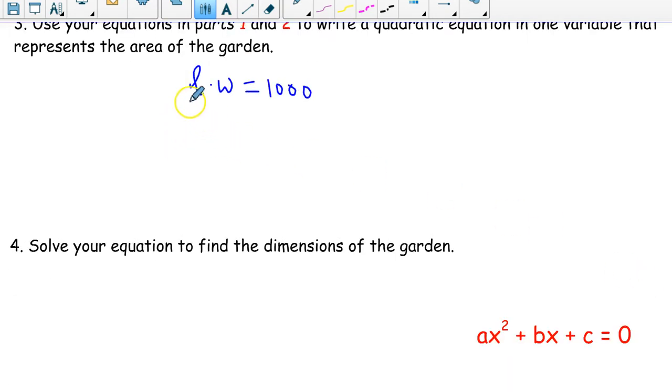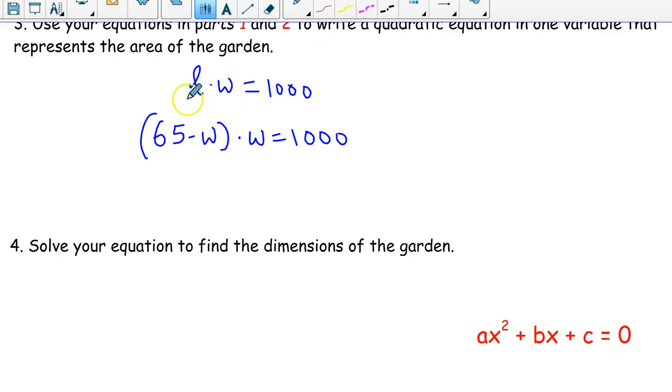So this L is how much? 65 minus W. Using your first answer, 65 minus W is L, and W is already there in this equation on the top, and on the right hand side we have 1000.